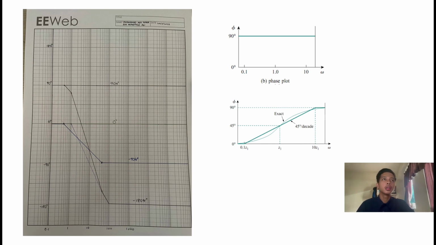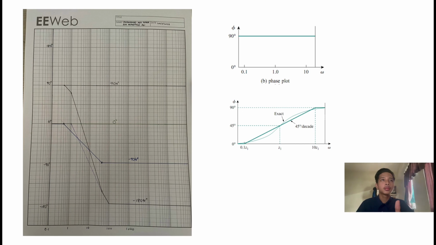We must add the 90 degree constant. The next question, this gain, K gain. So we must see this, we add the constant, the straight line, to 0 degrees.